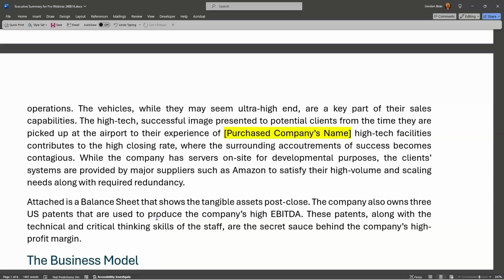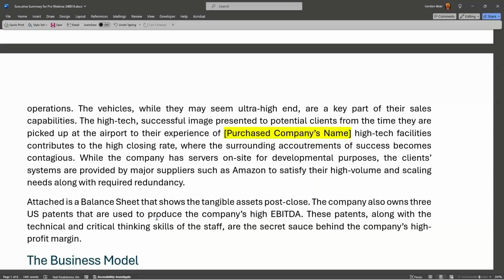The high-tech, successful image presented to potential clients from the time they are picked up at the airport to their experience of the purchase company's high technology facilities contributes to the high closing rate, where the surrounding accoutrements of success become contagious. While the company has servers on site for developmental purposes, the client's systems are provided by major suppliers such as Amazon to satisfy their high volume and scaling needs, along with required redundancies.